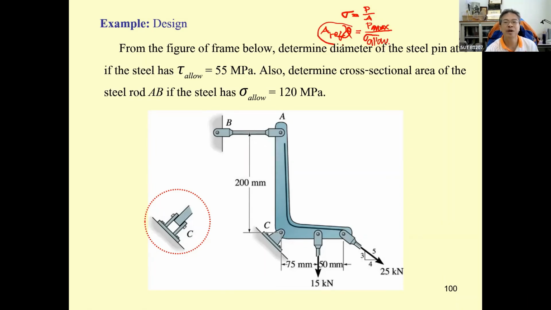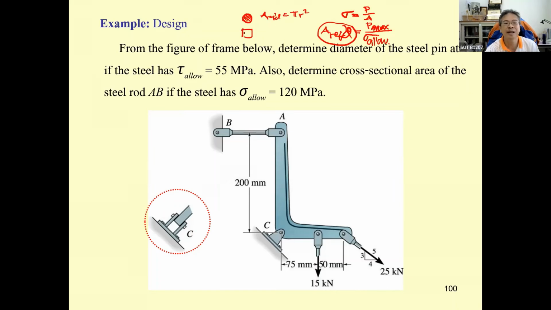That means we will use this area. If the member is going to be round, the A required will be pi r squared.